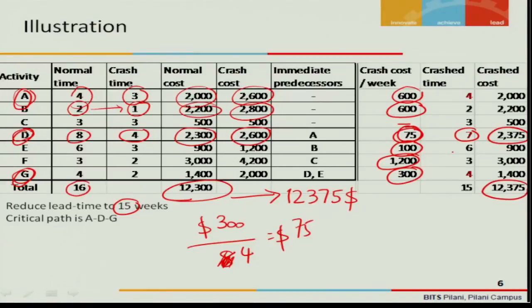So whenever you crash an activity, you need to go back to find out the critical path. Because if this eats away the slack of another activity, then that activity will become critical. You understand? So every time you crash an activity, you need to go back to the fundamentals. You need to compute again the critical path and see that this critical path remains the same.